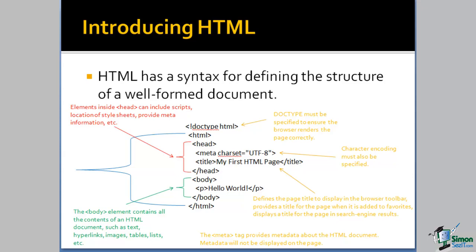So every tag, with only a couple exceptions, every tag that is opened must also be closed to create a well-formed HTML document. So in our example of this minimal HTML document, we have the HTML open and close tags. Everything within those tags will be interpreted as HTML by the browser.